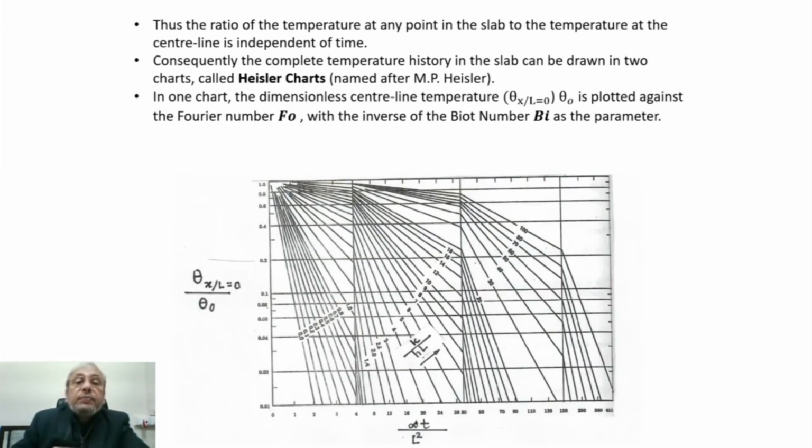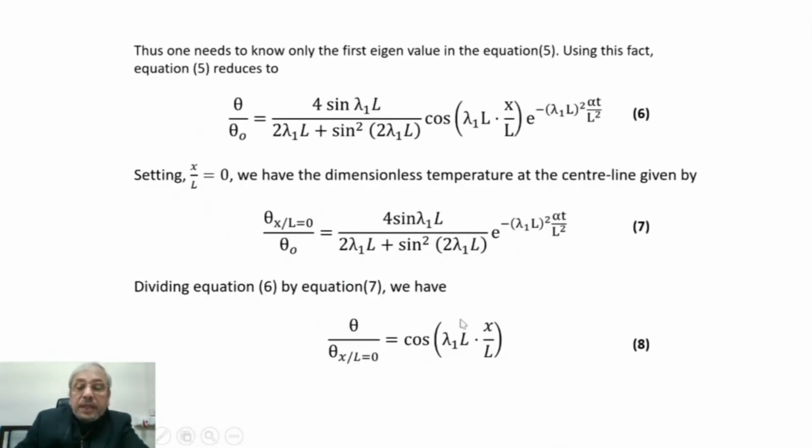Thus, the ratio of temperature at any point in the slab to the temperature at the center line is independent of time. That is given by equation 8.